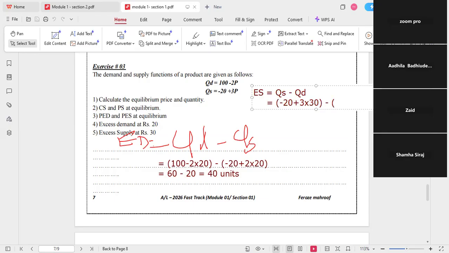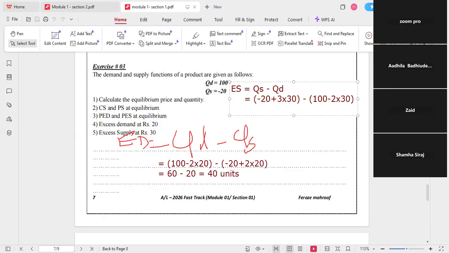So what we do is minus 20 plus 3 into 30, minus 100 minus 2 into 30. Right. So 90 minus 20, 70, minus 100 minus 60, 40.